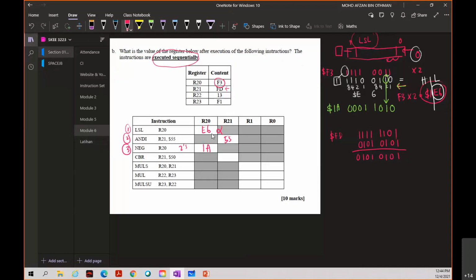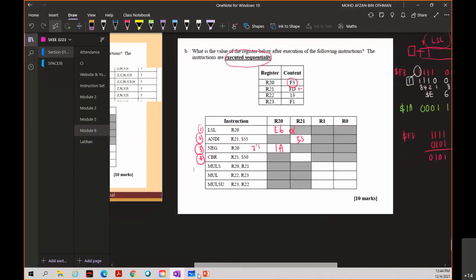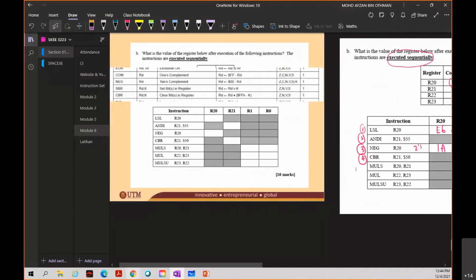Then instruction number 4 is CBR R21, 50. So what does CBR do? By looking at this, the CBR is clear bits in a register. This is the operation: you AND your R21 with the value FF minus K. So FF minus 50.